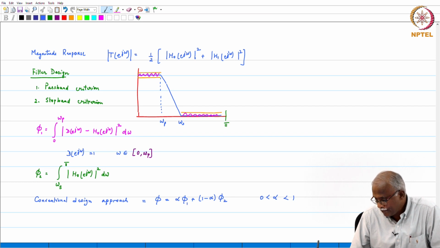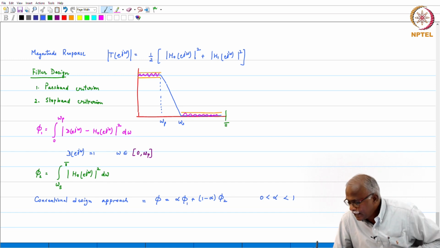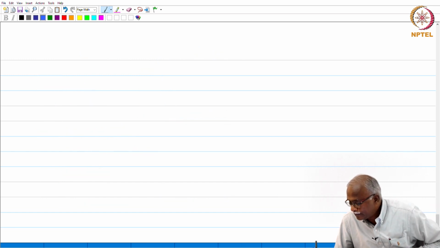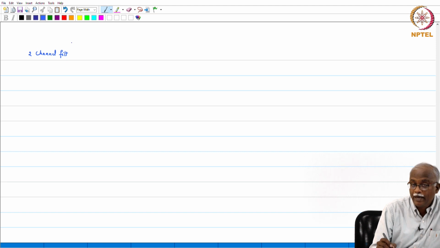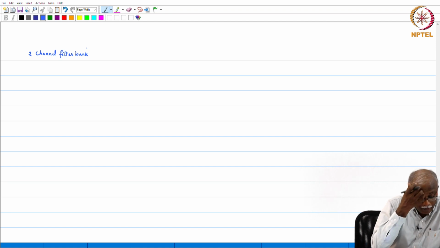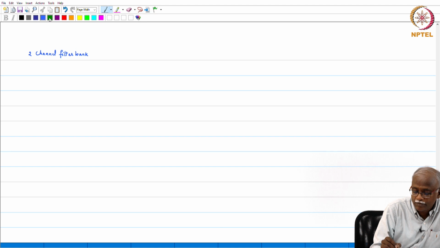How is it different when we want to design a filter for a 2-channel QMF bank? That is the task before us today. In the case of a 2-channel filter bank, we are trying to minimize the magnitude distortion, and therefore the condition that we would like to minimize, let us call it a third objective criterion, is given by the following.